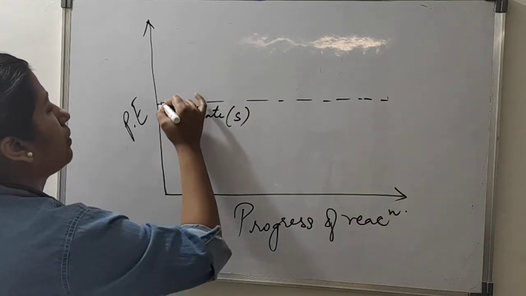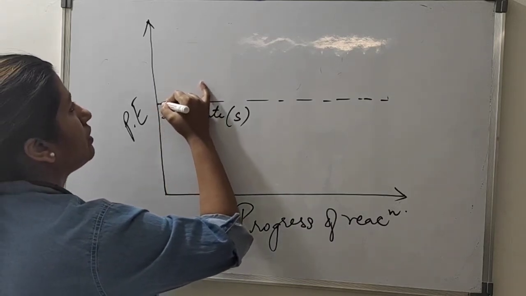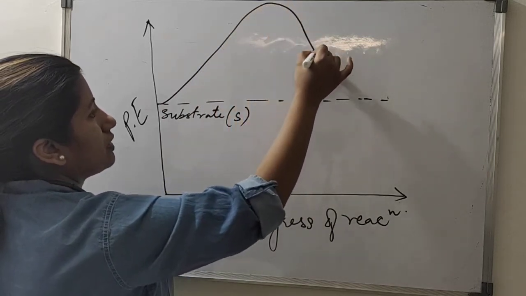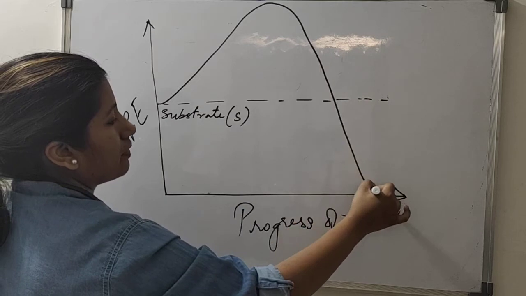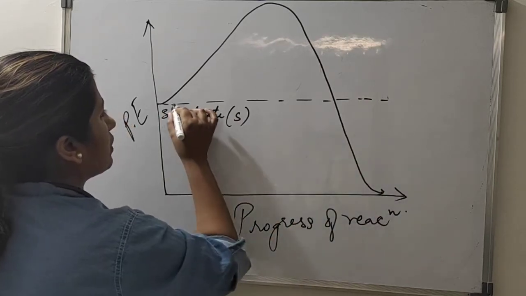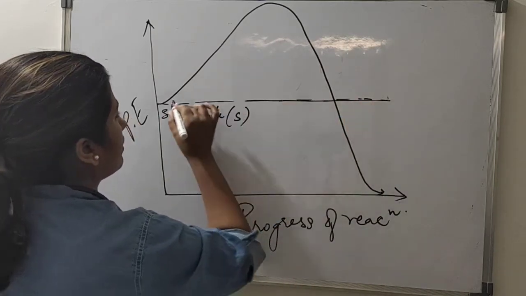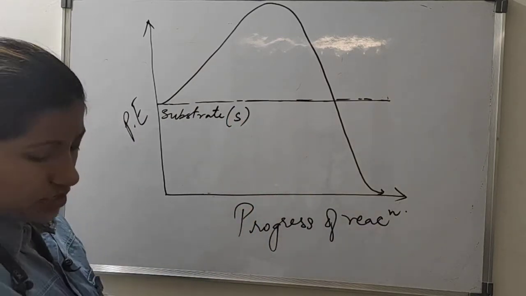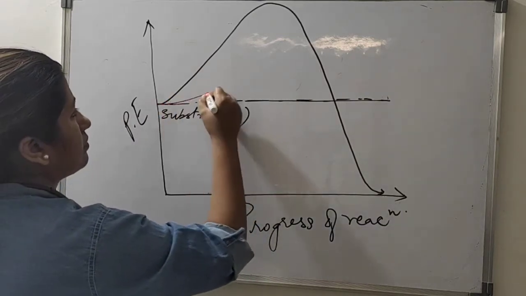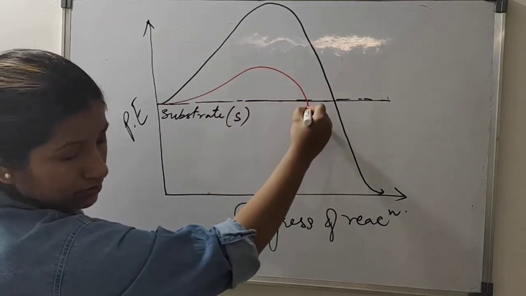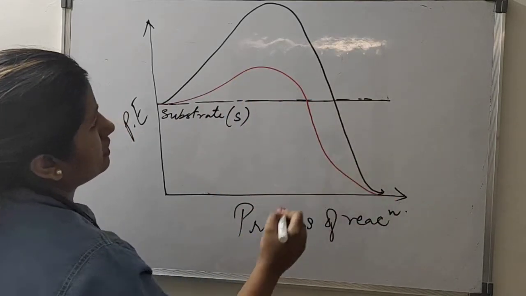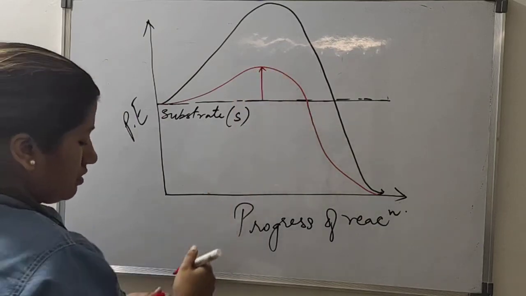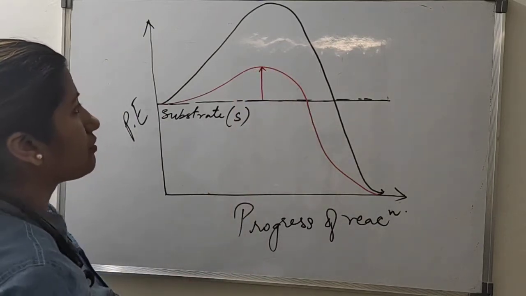Now, the substrate will do the reaction in this manner. This is the potential energy graph line, and let me draw the other line. Now see what we are trying to understand from this graph.